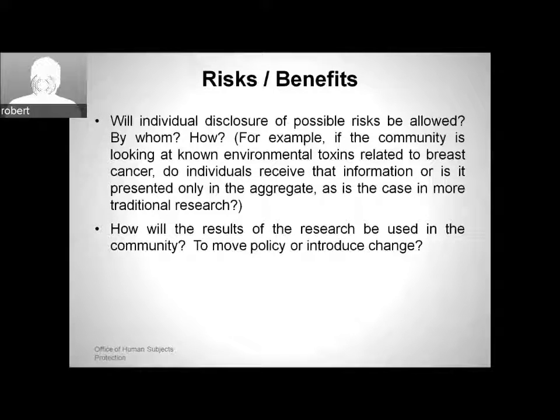Will individuals' disclosure of possible risk be allowed? By whom and how? For example, if the community is looking at known toxins related to breast cancer, do individuals receive that information, or is it presented only in the aggregate, as in the case in more traditional research? How will the results of the research be used in the community to move policy or introduce change?